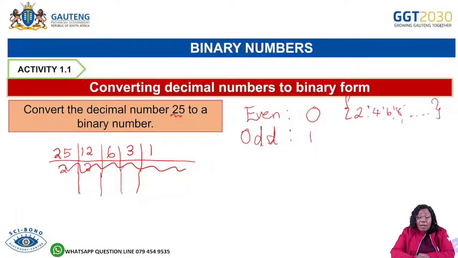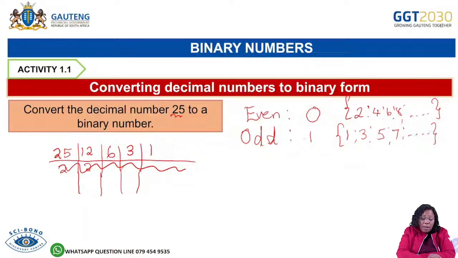Those are the even numbers. The odd numbers are all numbers that are not even. That means we are taking 1. We skip 2, 3, skip 4, 5. We skip a 6, 7, and so forth. Those are odd numbers. So in your solution there, where you are having an even number, it will take the binary 0. And then if it's an odd number, it will take the binary 1.